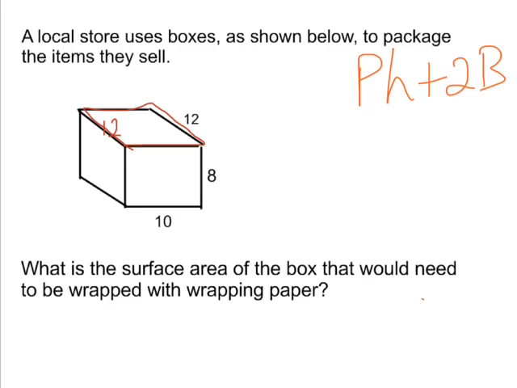So we're going to have two 12s, and we're going to have two 10s. When you add up 10 plus 10 and 12 plus 12, you are going to get 44. So the capital P, or the perimeter of the base, is 44. And then we're going to multiply that times the height of 8.